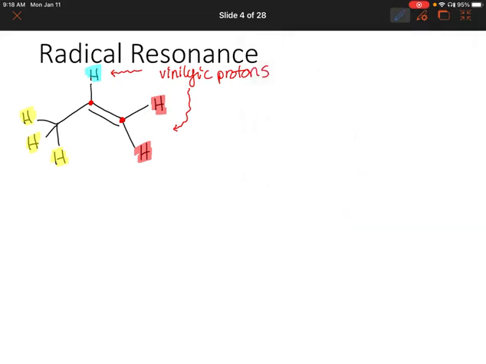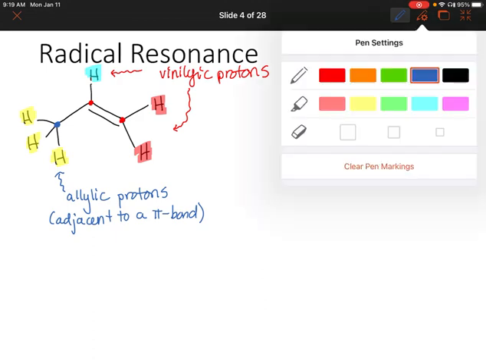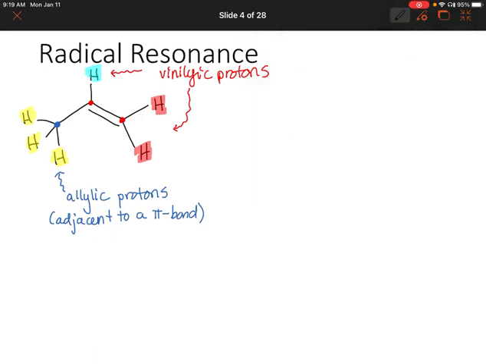And if a carbon is adjacent to a double bond, then that's called an allylic carbon. So any hydrogens bonded to that carbon are allylic protons. So they're adjacent to a pi bond. Okay, just as a reminder, so if I use those terms, you'll know what I mean.